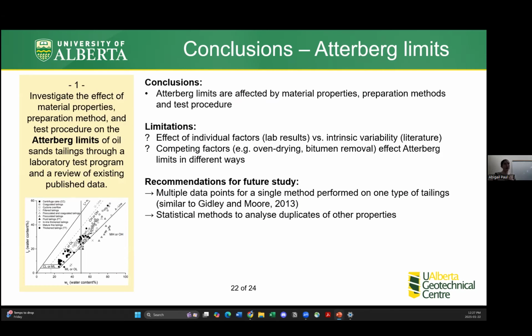Regarding Atterberg limits, it was observed that the measurements were affected by the material properties, preparation method, and test procedure. However, as I pointed out, the results don't definitively identify the specific effects of individual properties on the measurement. To actually assess this, you would likely have to do a study where you did a bunch of points for a single method on one type of tailings.